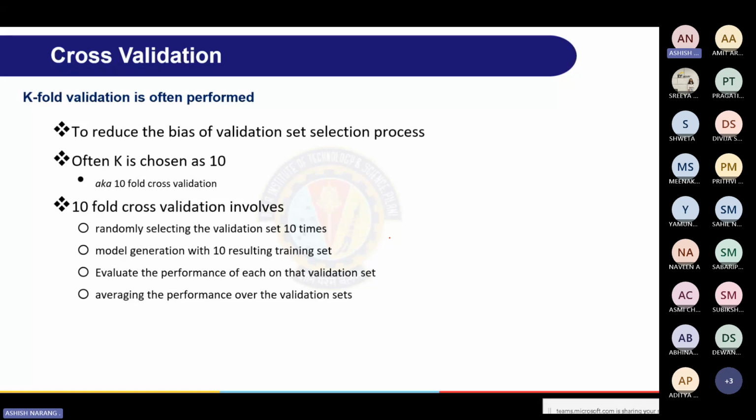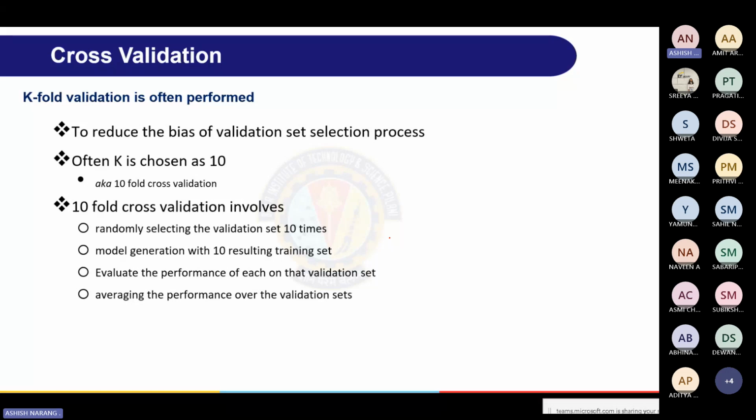Now let me move to K-fold cross validation. It's a common technique used to evaluate machine learning models more reliably. Basically, what we try to do here is reduce the bias of the validation set, which may occur when we select only one validation set.